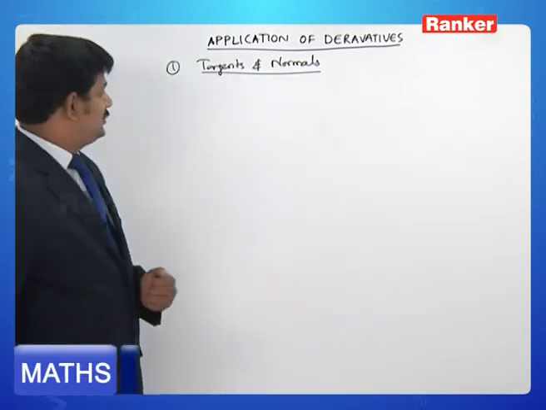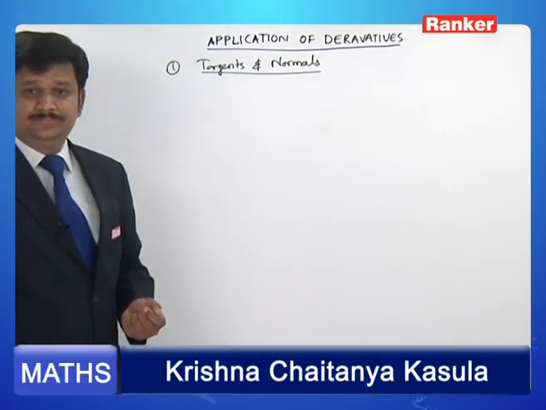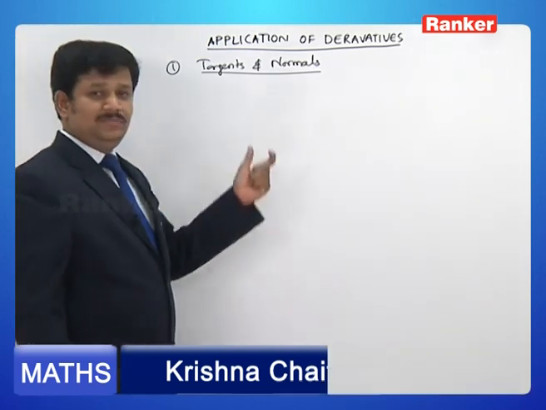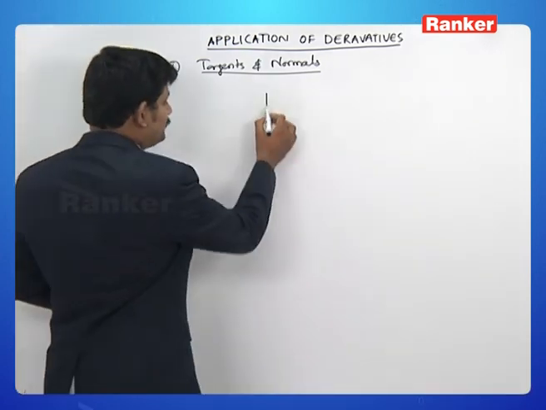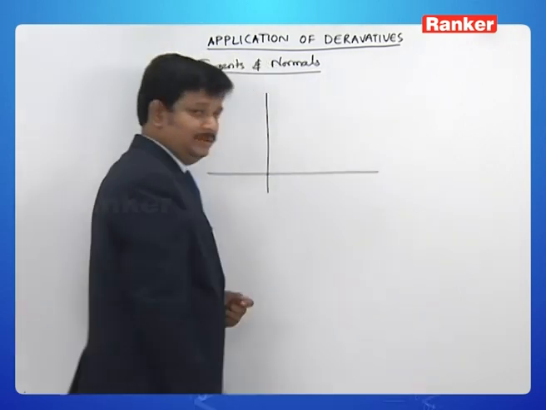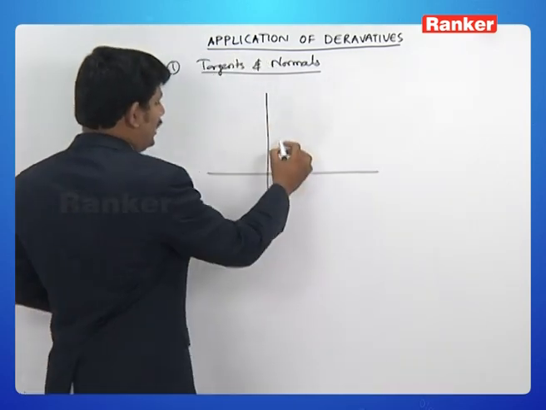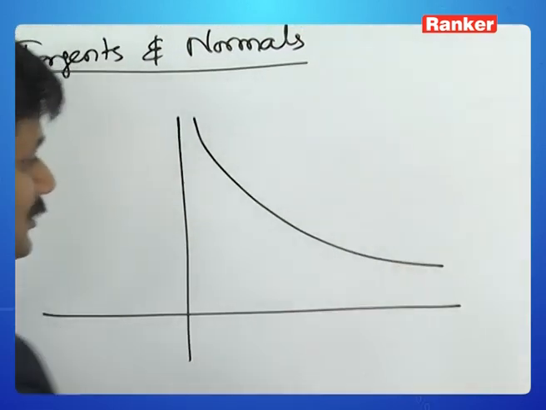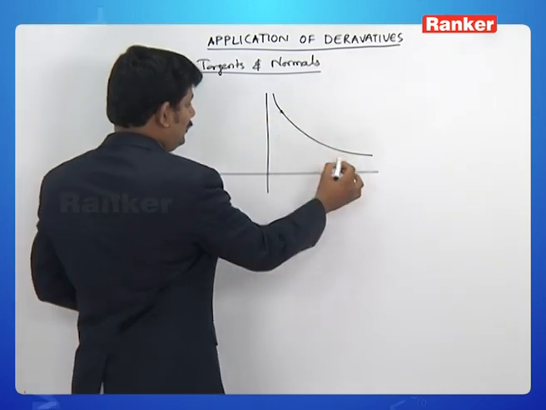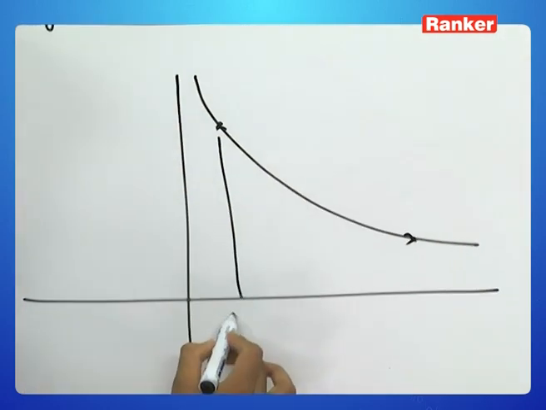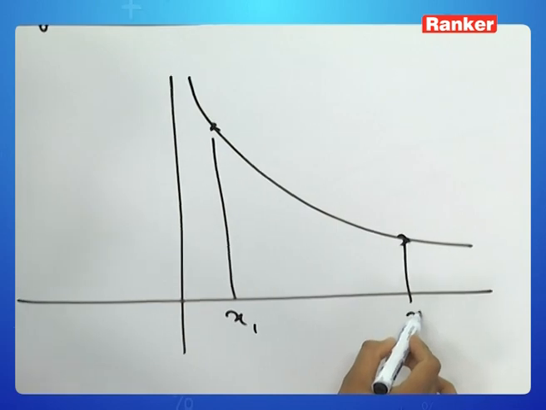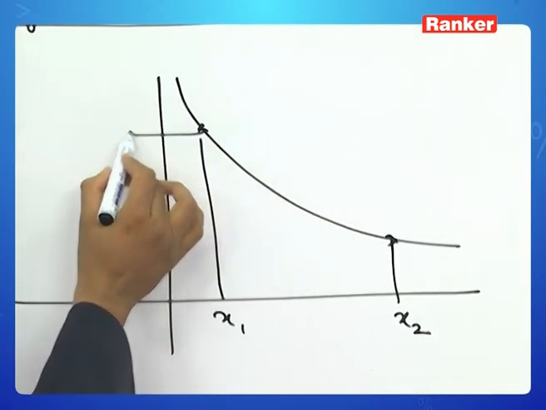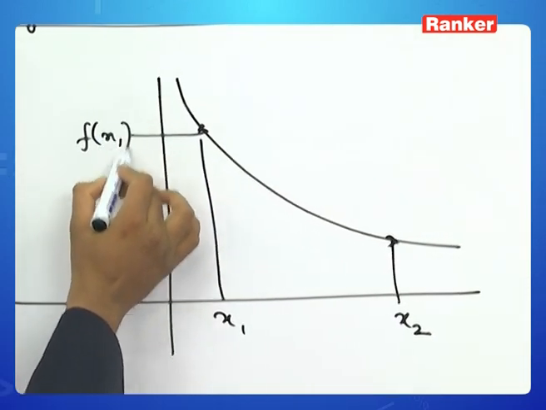Let us look at the first subheading, tangents and normals. If you look at the meaning of the derivative, derivative corresponds to rate of change, and consider a graph y is equal to f of x. As x coordinate changes from x1 to x2, the y coordinate changes from f of x1 to f of x2.